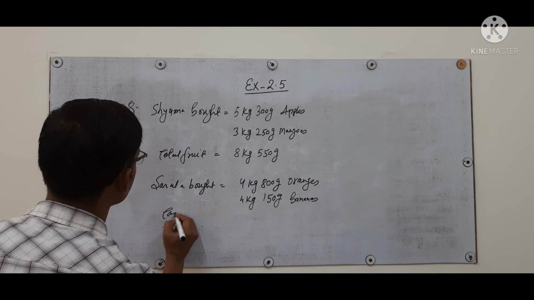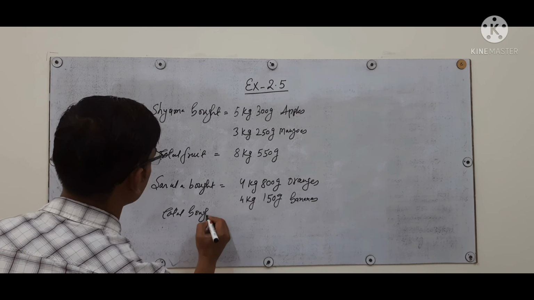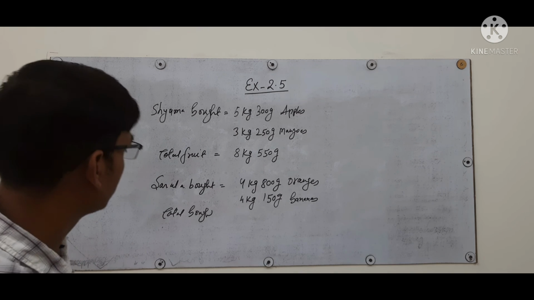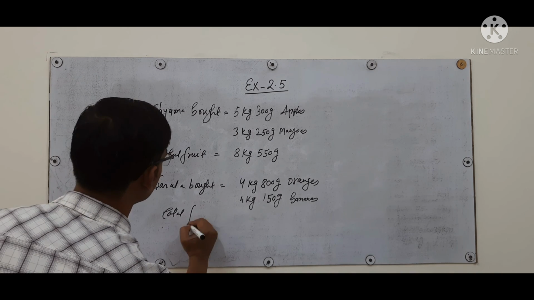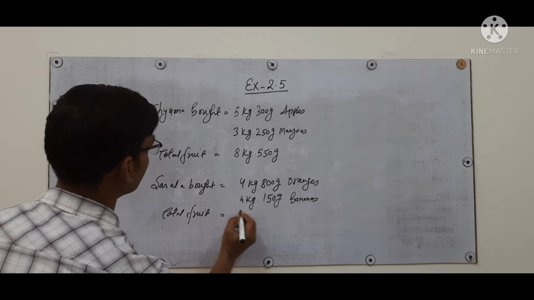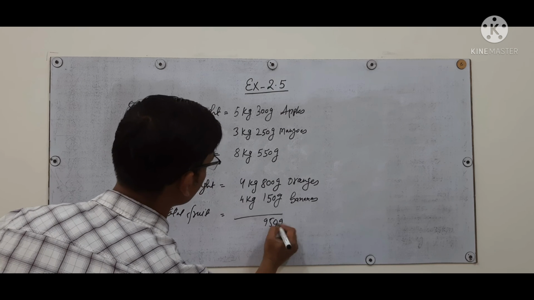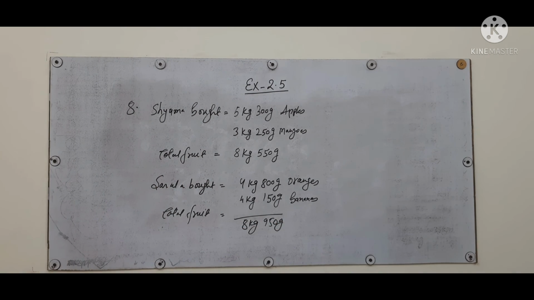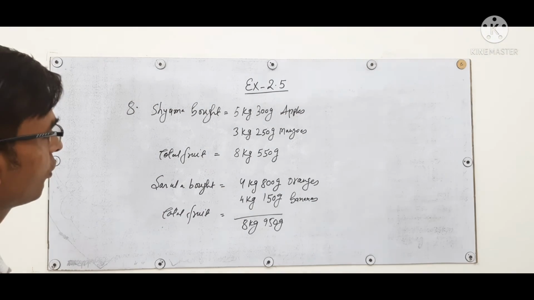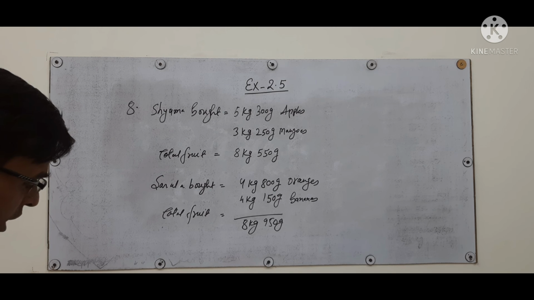So the total fruit which Sarla bought will be, oh sorry, I have written total what. Here it will be total fruits with Sarla. Total fruit will be correct. Here it will be 950 gram and it will be 8 kgs. So Sarla bought 8 kg 950 gram of fruits and Shama bought 8 kg and 550 gram.